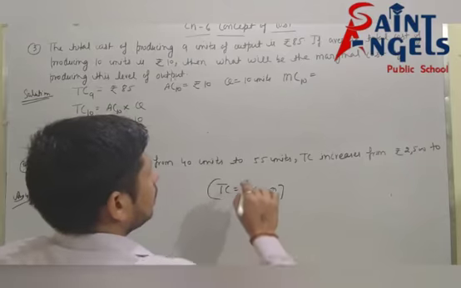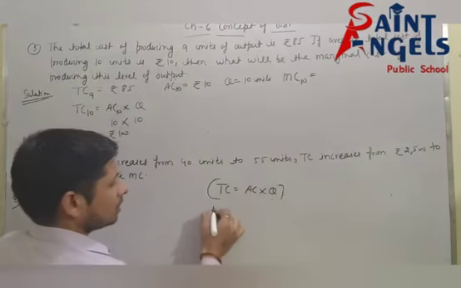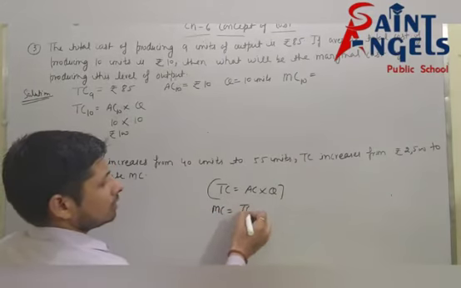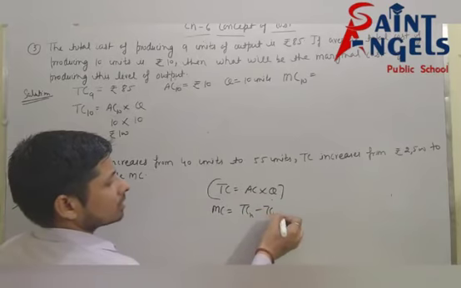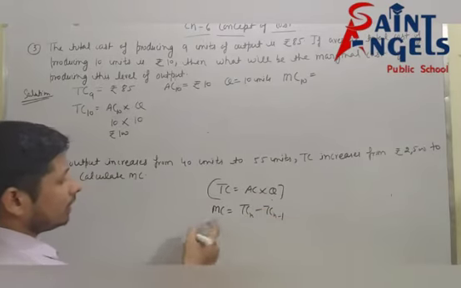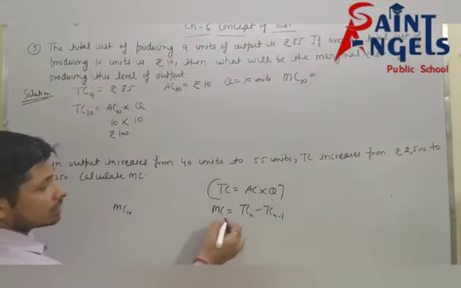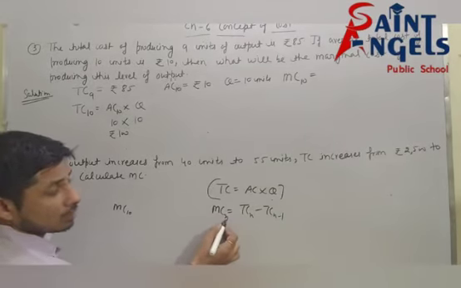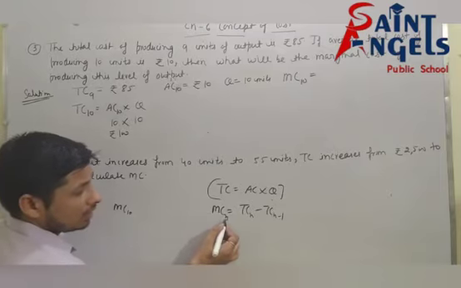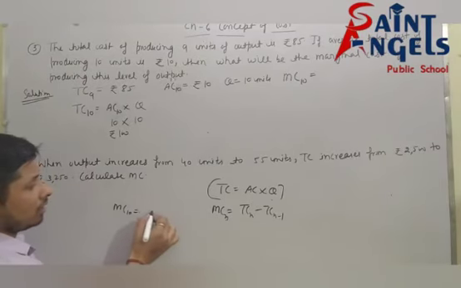Now what is the formula of MC? MCn is equal to TCn minus TCn minus 1. But we have to find MC10, so write 10 in place of n.